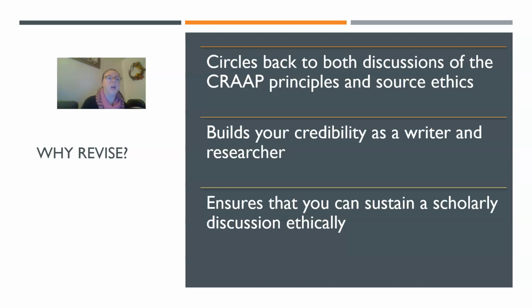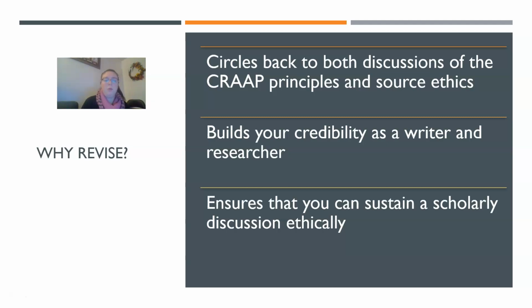So when we revise for content accuracy, we are making sure that our readers can make connections between what someone else says and how it fits into our own argument, and it demonstrates that we have a good grip on ethics, and ultimately we are making the argument we're making with the best intentions involved.